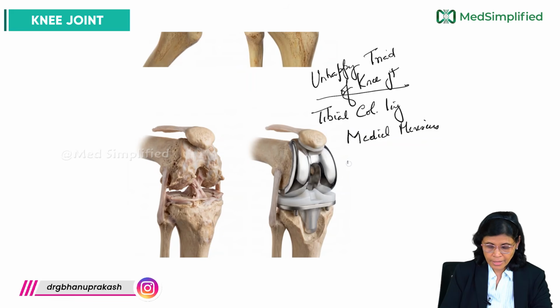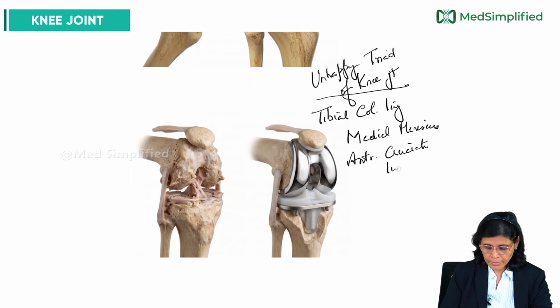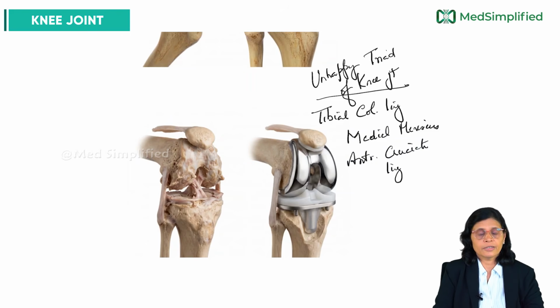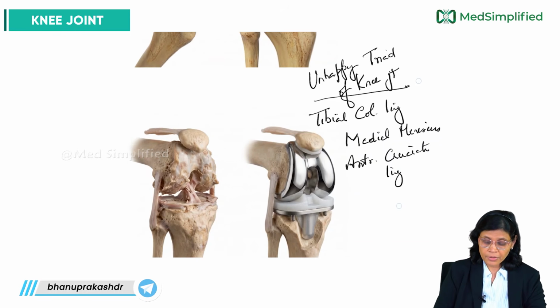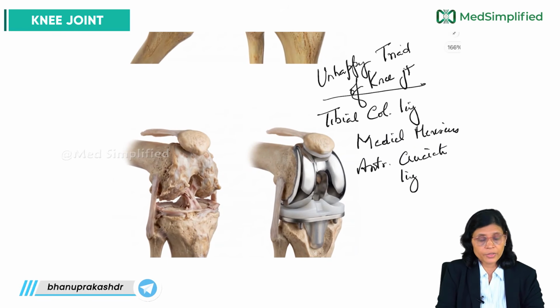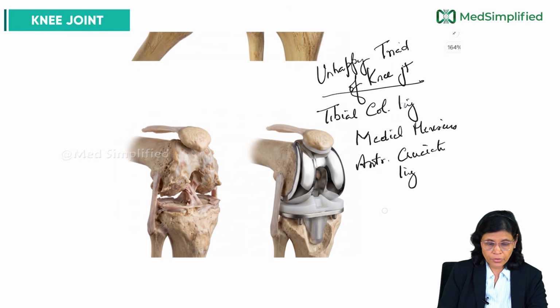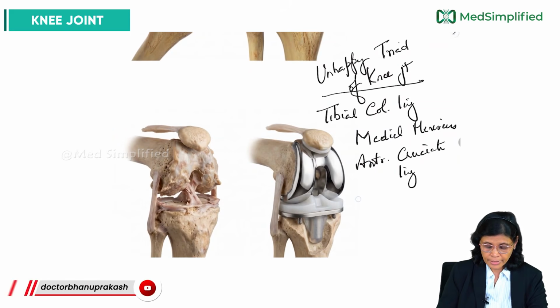It is the anterior cruciate ligament. All three structures prone to injury are involved, and of course the knee will be very unhappy. That is why we call it the unhappy triad of the knee joint. It involves injury of the tibial collateral ligament, medial meniscus and anterior cruciate ligament.